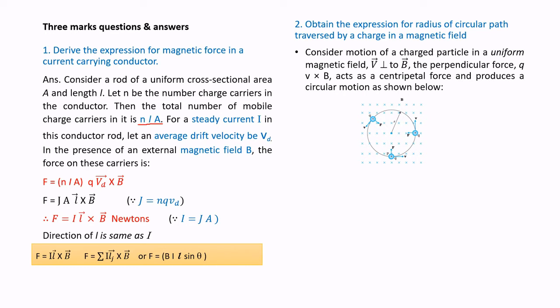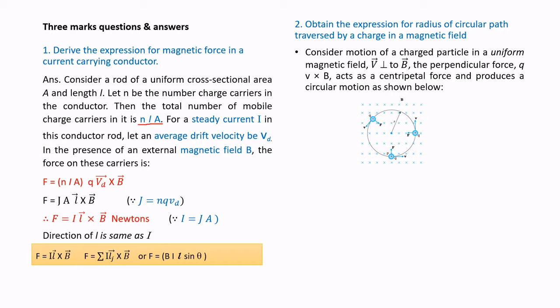Consider motion of a charged particle. Charged particle is q. It is moving in a uniform magnetic field indicated by these crosses, where the velocity is perpendicular to the magnetic field B. The force q V cross B acts as a centripetal force.